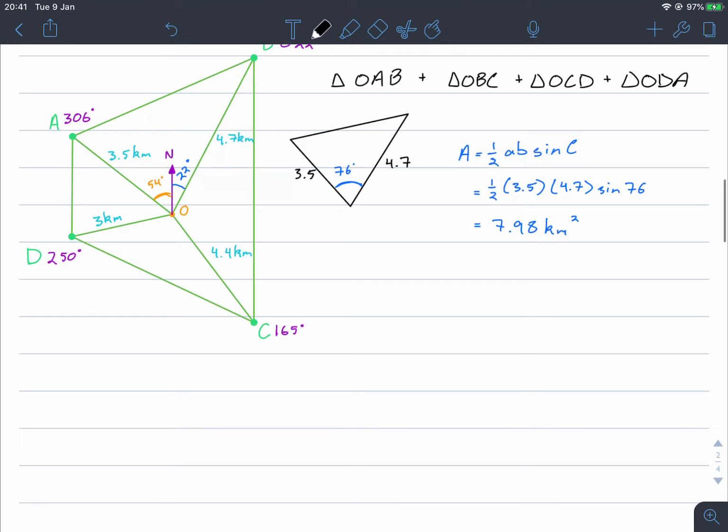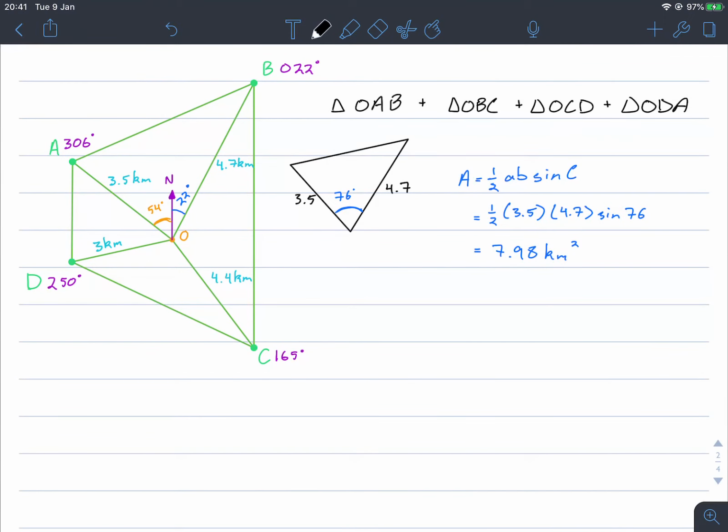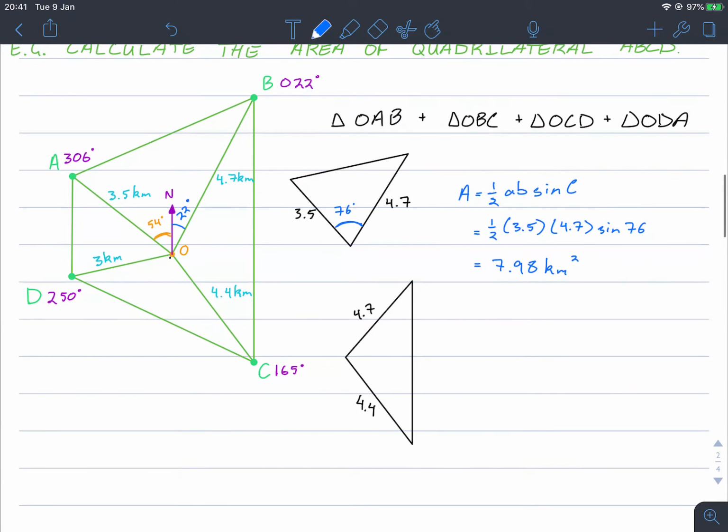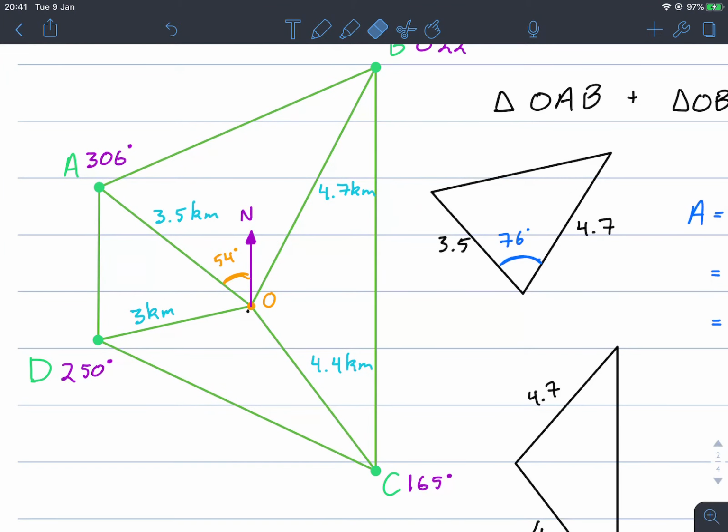If it helps, I'm going to draw again triangle OBC, like so. That gives me a side of 4.7, and this is 4.4. The angle in between, we can calculate by thinking of the following. Let's go back to our original drawing.